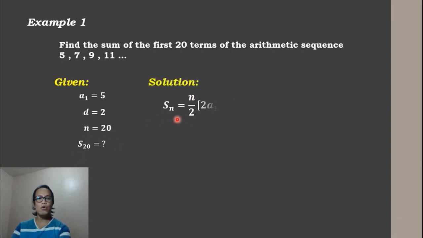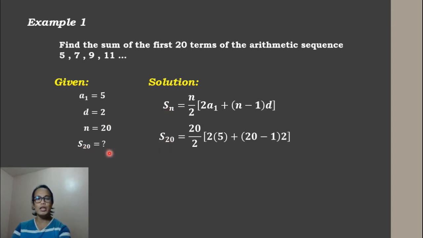For the solution, we need to use the formula S sub n equals n over 2 times the quantity of 2a sub 1 plus the quantity of n minus 1 times the common difference. So, we substitute these values to the formula. Instead of writing S sub n, this will now become S sub 20, because we are going to find S sub 20.